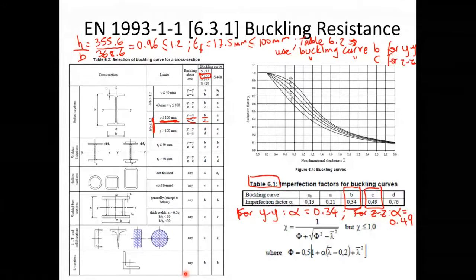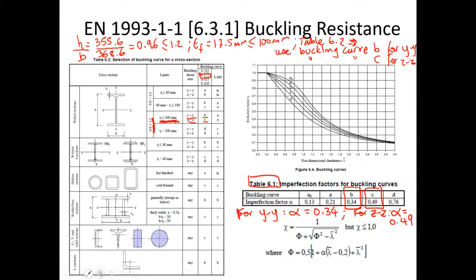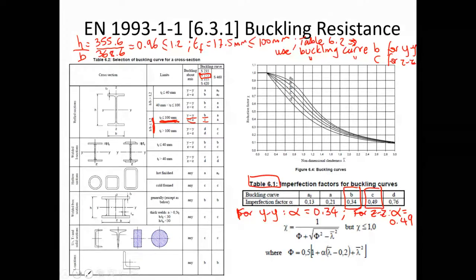Okay, so we now have the imperfection factor that we need. We also need to work out the normalized slenderness value. So let's work that out.